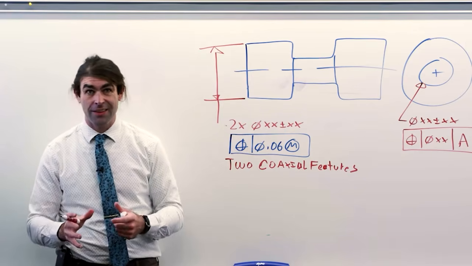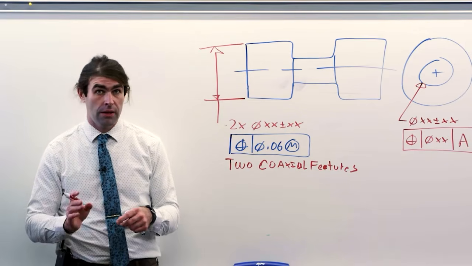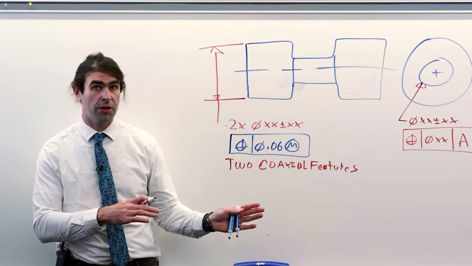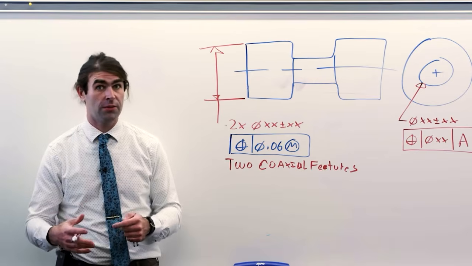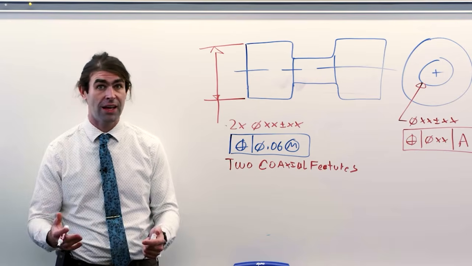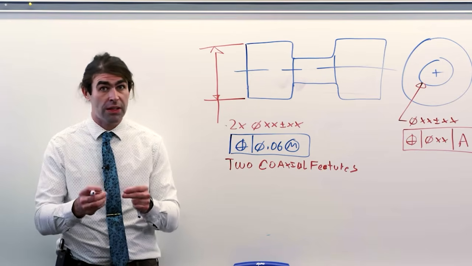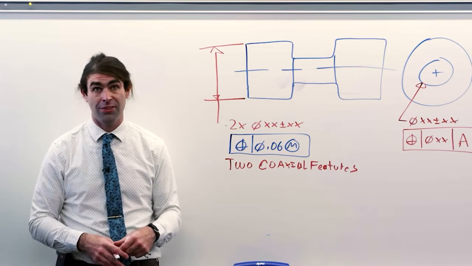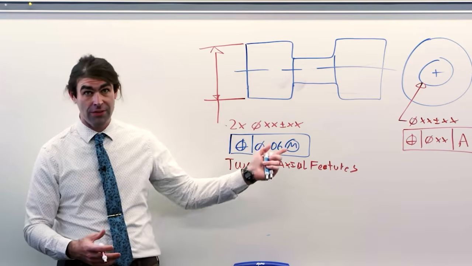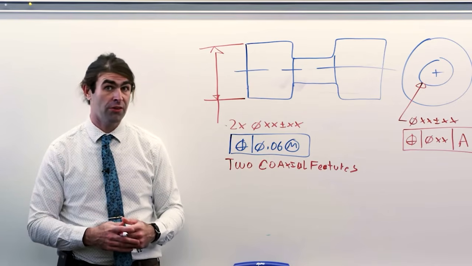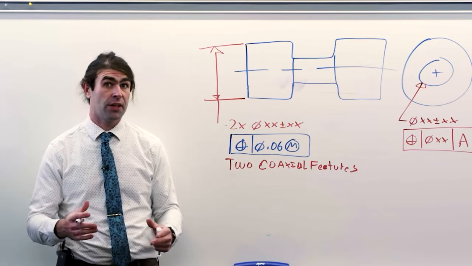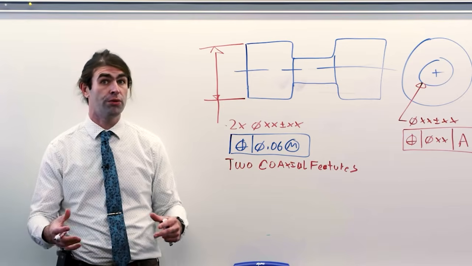And for a lot of the things I've talked about in this video, don't take what I said and put it on a drawing. You want to look this up in the ASME standard, because some of these things are things people don't see all the time. So you want to make sure you're sticking pretty close to the ASME standard. If your company uses this a lot, then by all means, go for it. But if you're putting it on a drawing for the first time, I would definitely look at the figures and try not to stray too far away.